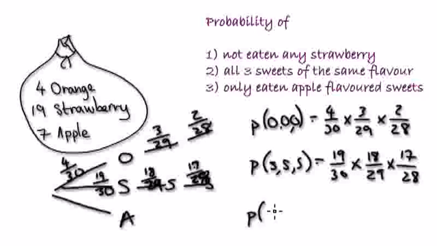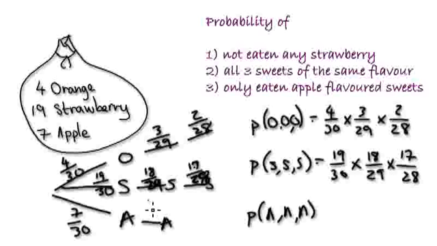Now the probability of you getting apple, apple, apple: the probability of getting an apple would be 7 out of 30, and then another apple would be 6 out of 29, and then another apple would be 5 out of 28.